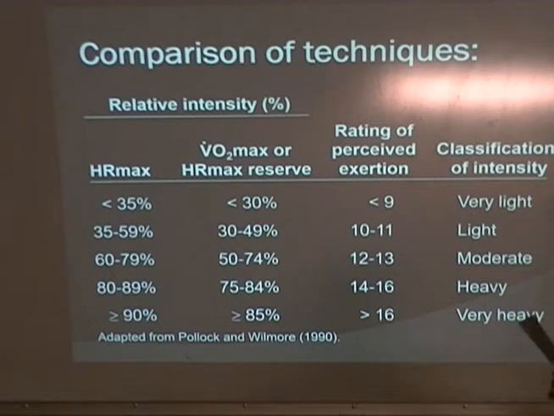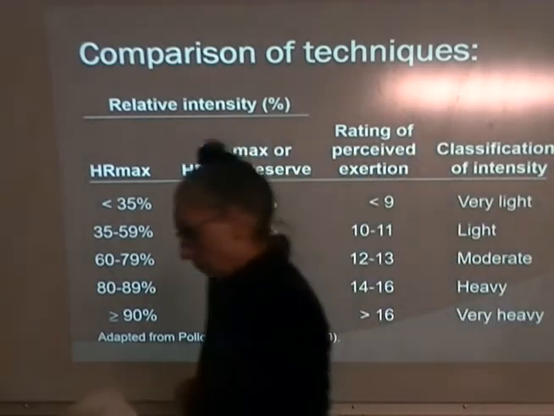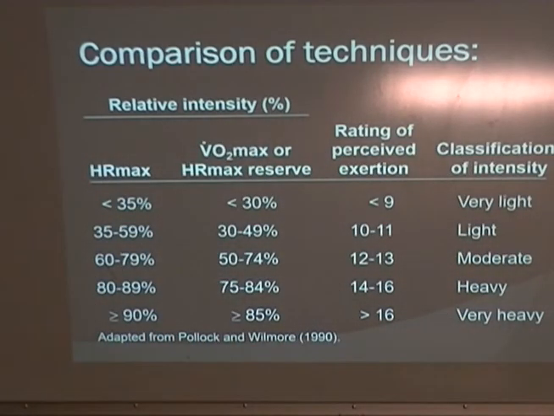Next question, ma'am. Sure. So basically, this chart is based on heart rate max that we get by subtracting 207 or 220 from our age, right? Other way around. Take your age from 220.